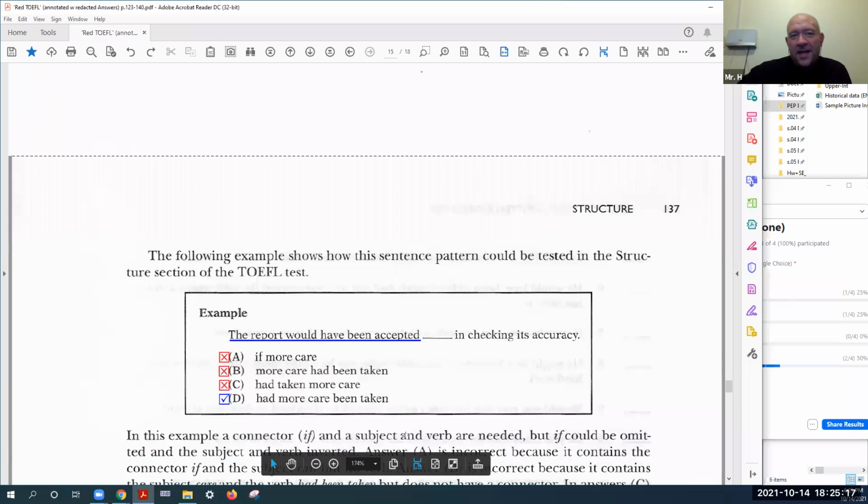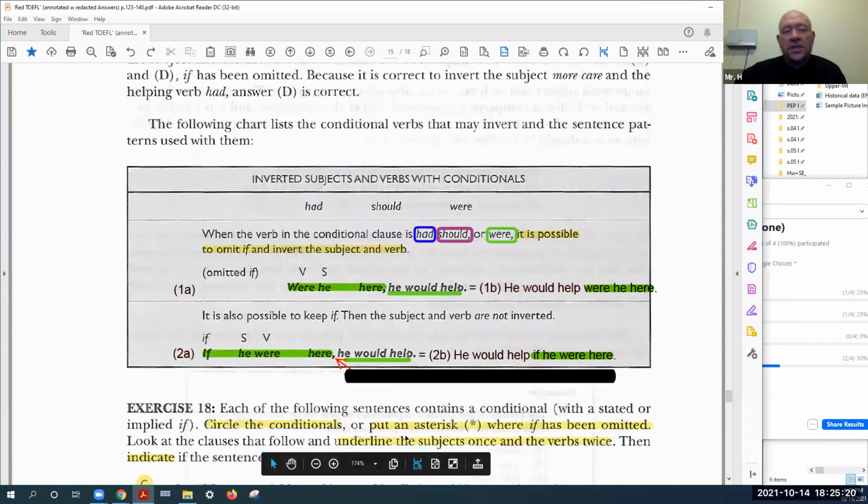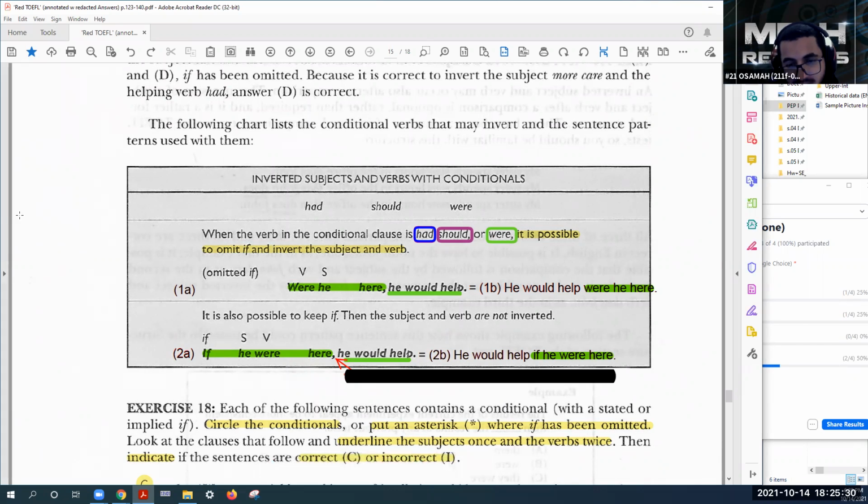All right. Let's take a look at the table here. What does it say at the top of the table? Inverted subjects and verbs with conditions.